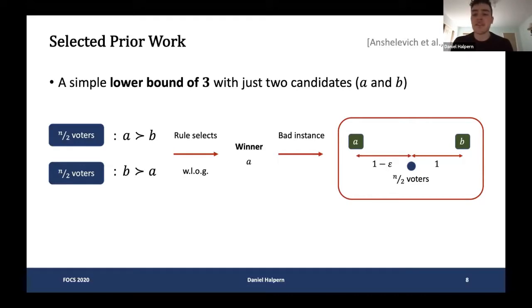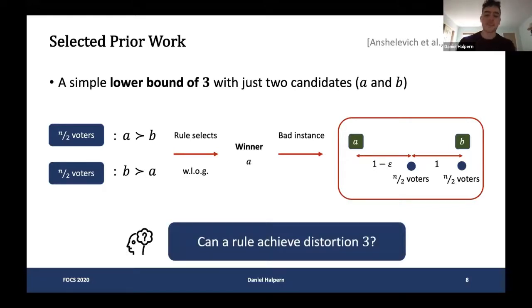They're just ever so slightly closer to A. So these n/2 voters correspond with the n/2 voters here on the left that say they prefer A to B. The other half of the voters are over here, right at the exact same location as B. So they have distance 0 from B and distance about 2 from A. And they correspond with voters over here that say they prefer B to A. If you work out the costs here, you'll see that the cost of A is about 3 times the cost of B. And since this was without loss of generality, no voting rule could have distortion strictly less than 3.